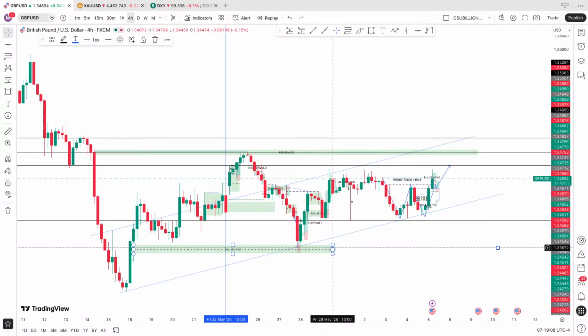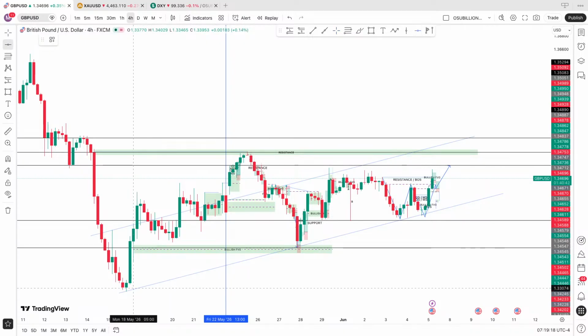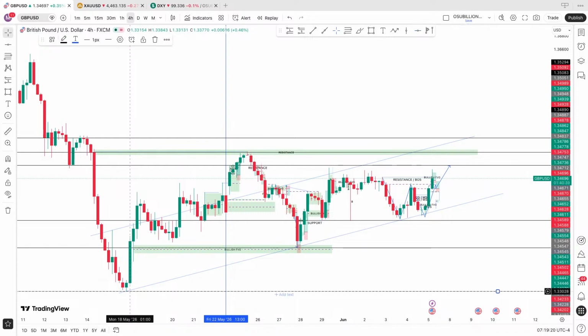Now, the final low, which may possibly play out when we have a strong bearish momentum, is this particular low, which gives us 1.33038.